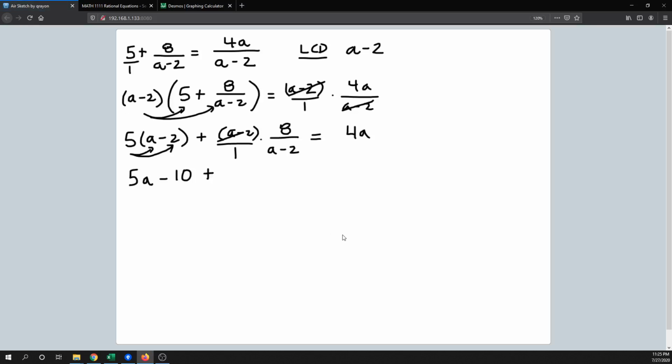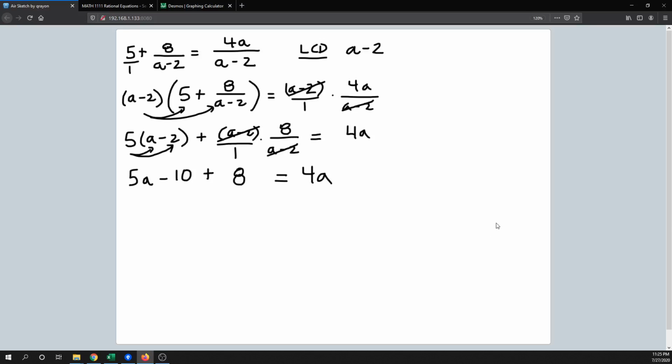I've got a factor of a minus 2 in the numerator and a factor of a minus 2 in the denominator, so I can cancel those common factors out. And so what I wind up with is an 8 on the top and a 1 on the bottom, and that's just 8. And all of that is equal to 4a.